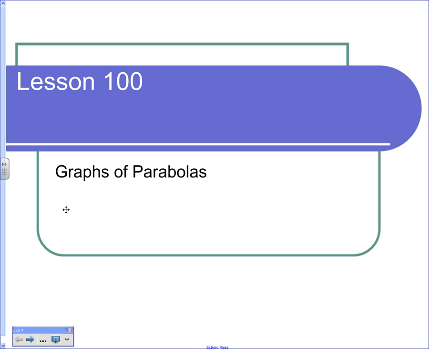We are looking at lesson 100 today. We are looking at parabolas. Not a grapher. We don't draw stuff like mini graphs.